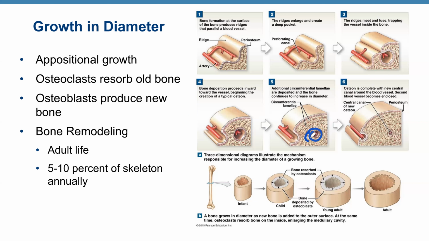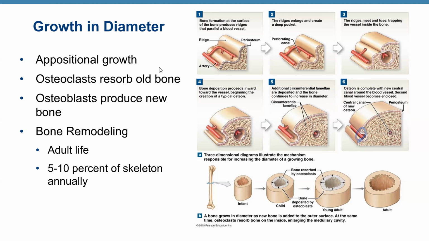Those lamellae over here are called concentric lamellae, and then we start depositing lamellae on the surface of the bone that are called circumferential lamellae. Now the osteon is complete, with the new central canal around the blood vessels. Second blood vessels become enclosed and the process continues.